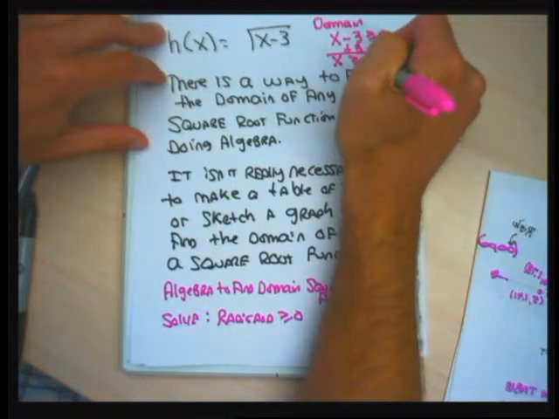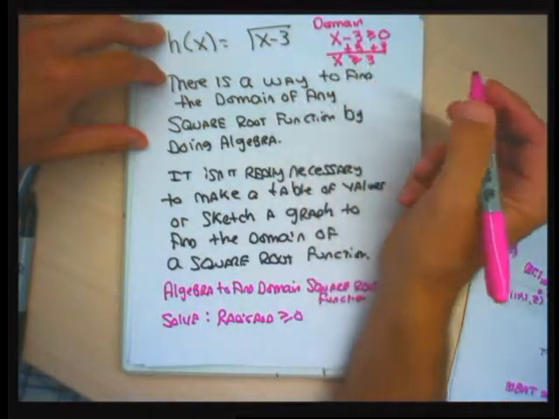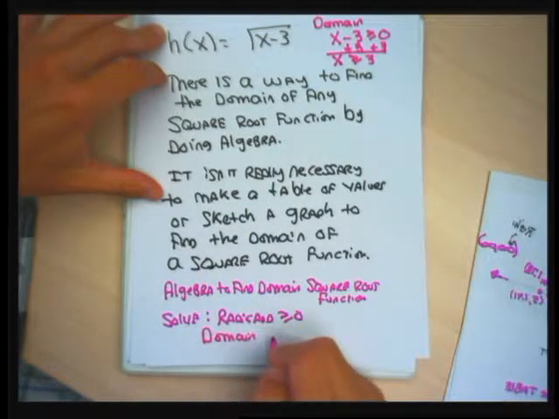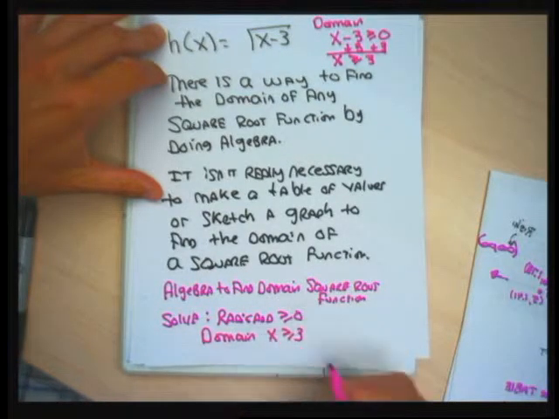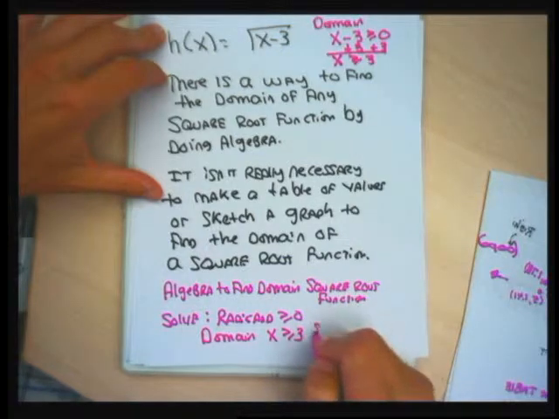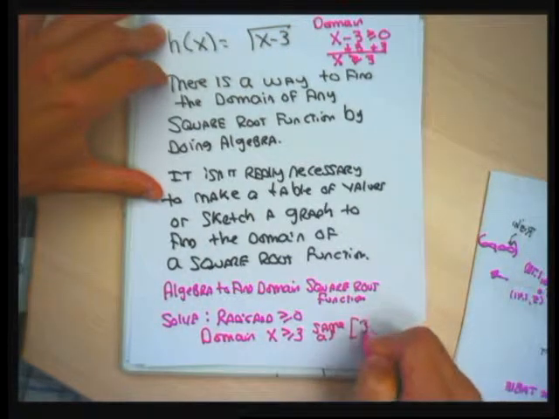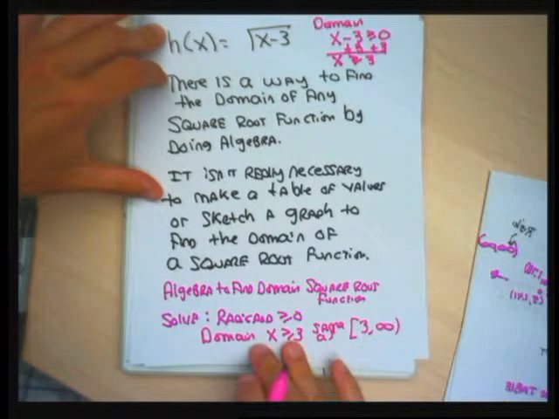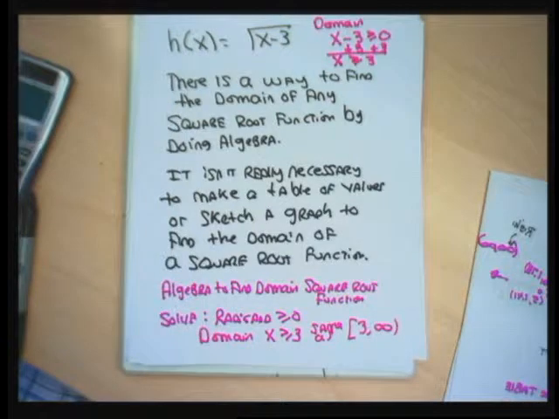On the right side, 0 plus 3 is 3. So it would be correct to say the domain of this is x is greater than or equal to 3. And that's the same as this interval from 3 to infinity, because greater than or equal to 3 means any number 3 or bigger.